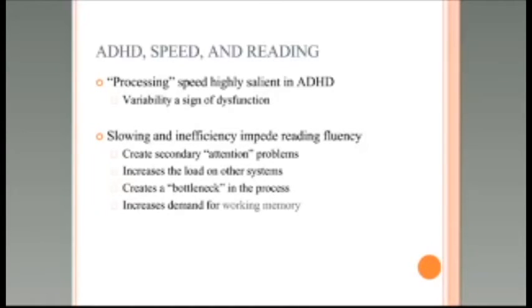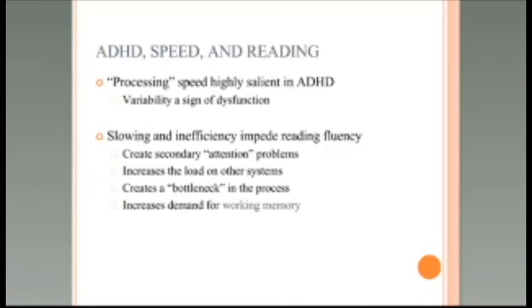And it's highly salient or highly relevant to ADHD because a commonly seen pattern is variability in processing speed in ADHD, just a pattern of occasional very slow responding, and what we call lapsy attention, where somebody is on it, and then entirely lost, daydreaming. And that inconsistent or variable performance seems to be characteristic of ADHD.